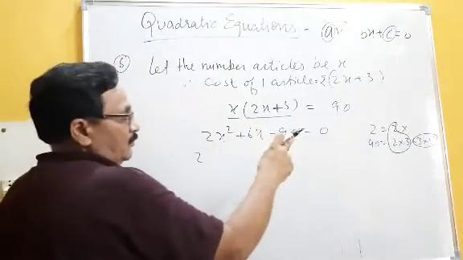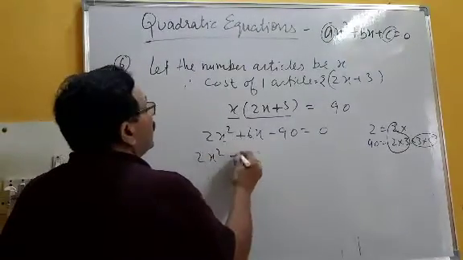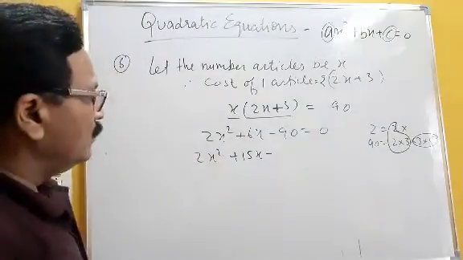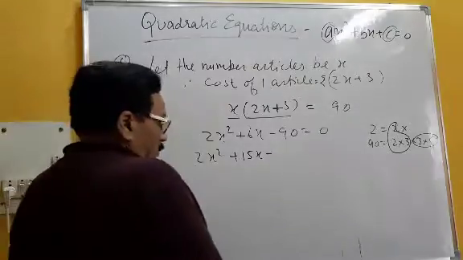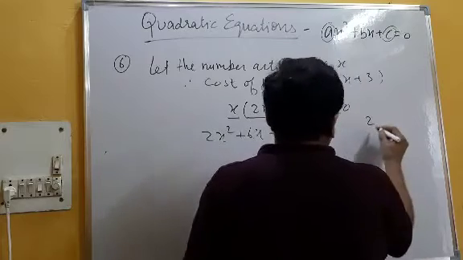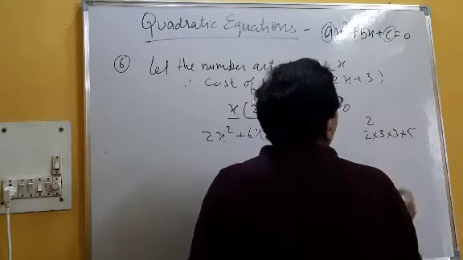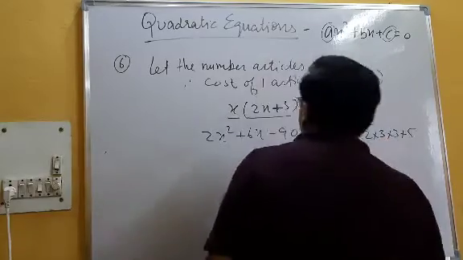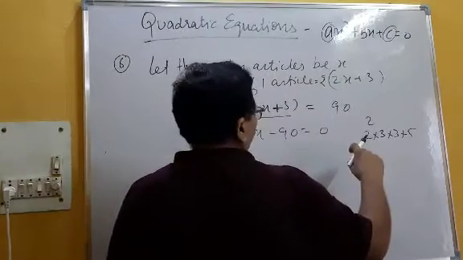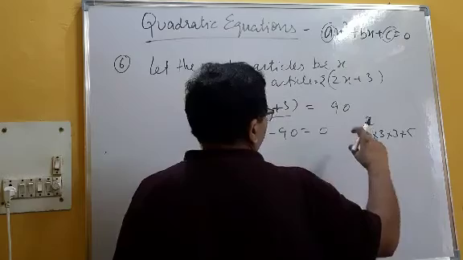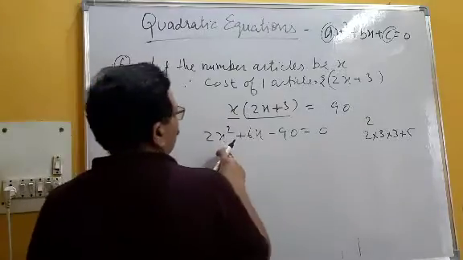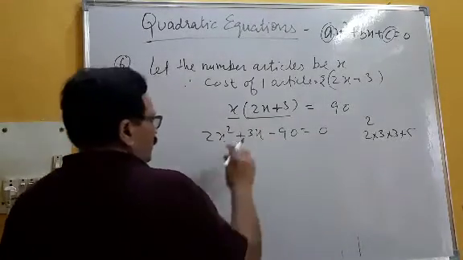So now 2 into 3, 12, 3 into 5, 15. Sorry, 6x is required, no? Again, 90 is 2 into 3 into 3 into 5. 2 into 3 is 6, 3 into 3 is 9, 9 into 2 is 18, 5 into 2 is 10. Oh, this is the correct one.